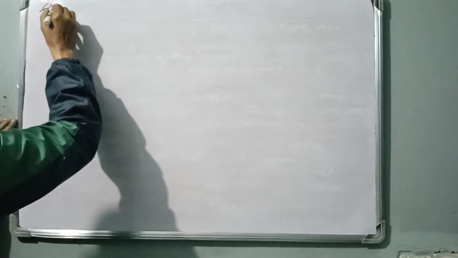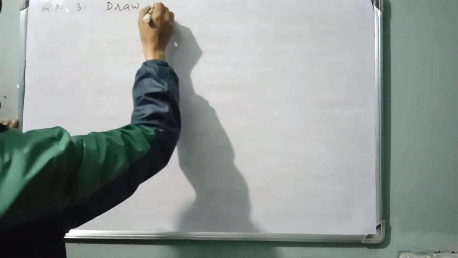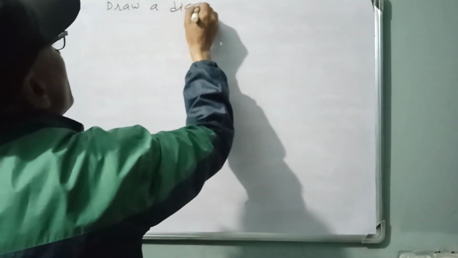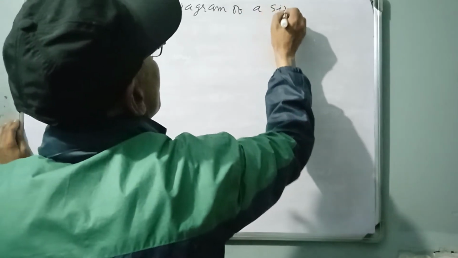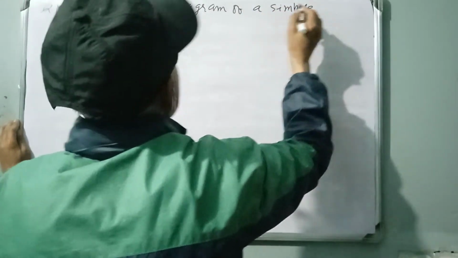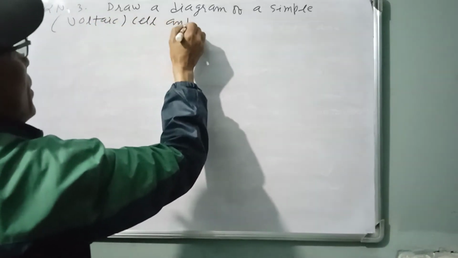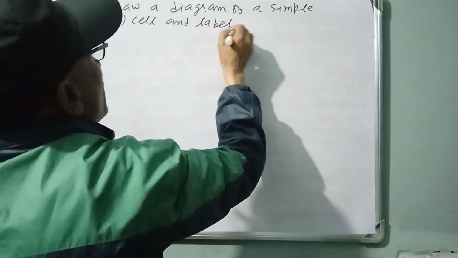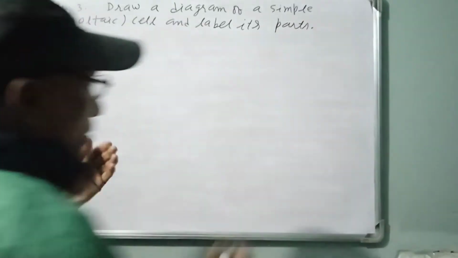Question number 3 is a simple question. Draw a diagram of a simple cell, its name is voltaic cell as well, and label its parts.